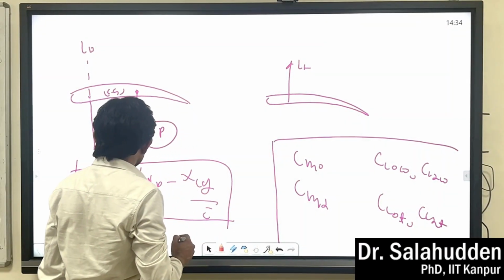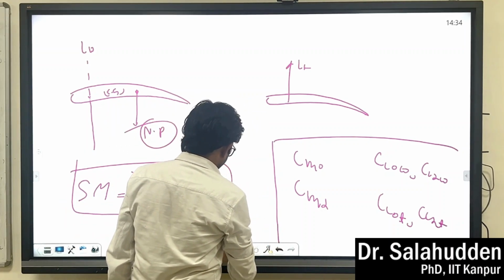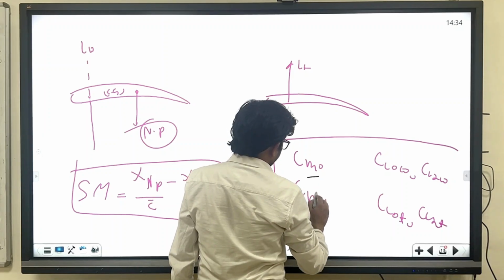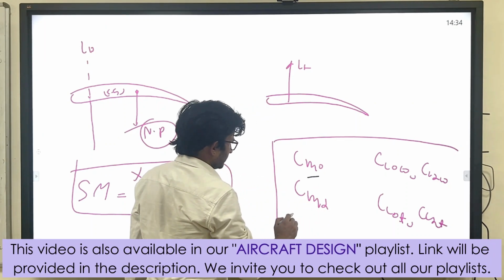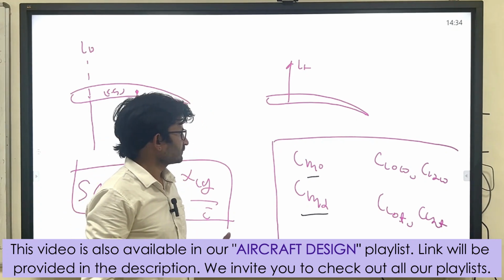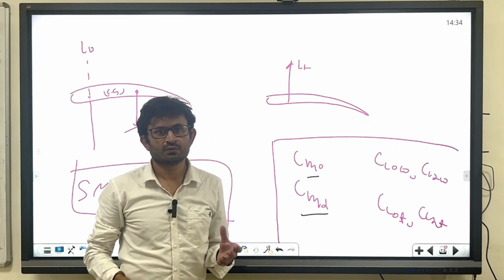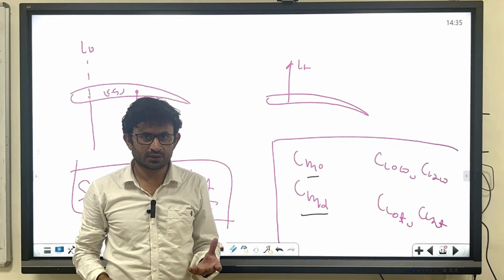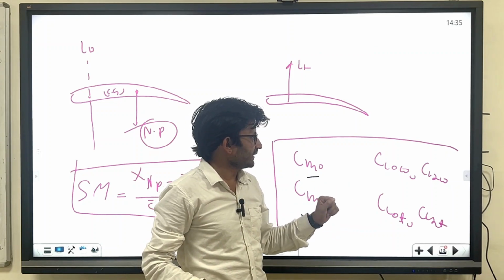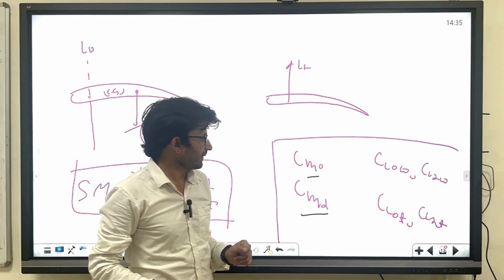So now you have the static margin, but can you notice one more thing here? Cm naught you have found out for the total aircraft, Cm alpha you have found out, but when you place the tail, the total CL naught will be different from the CL naught of the wing alone, and CL alpha will also be different.